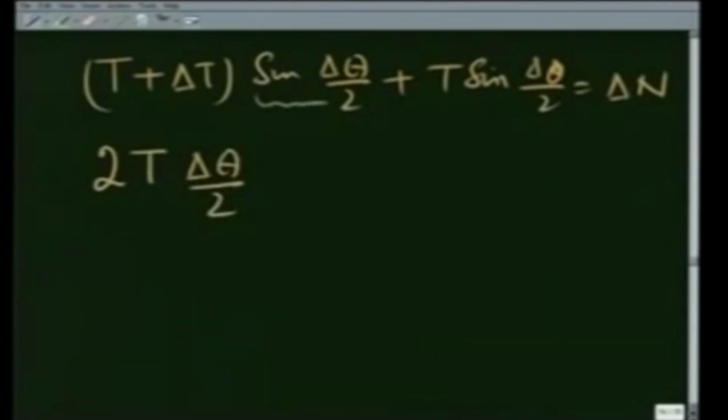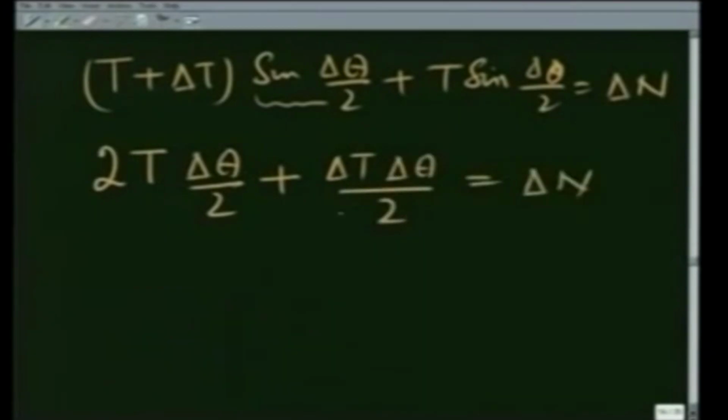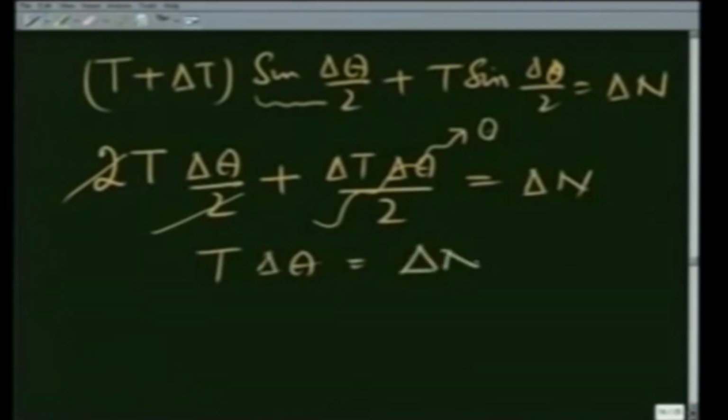I replace this whole thing by T delta theta plus delta T delta theta over 2 equals delta N. This is a second order term, so that can be taken to be 0 in the limit that I take delta theta going to 0. So this cancels, T delta theta equals N, which I had earlier written as delta N because this is a very small normal reaction.